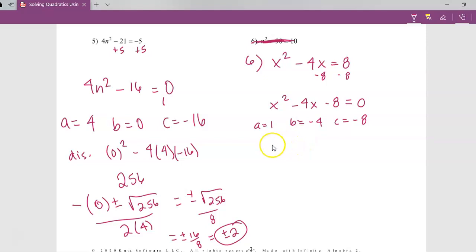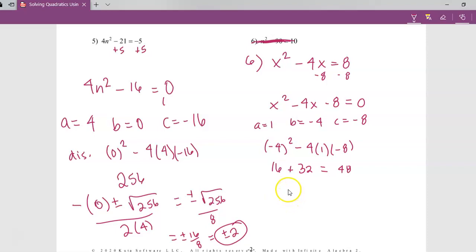To find the discriminant, I need b squared minus 4 times a times c, which would give me 16. Again, I've got a negative times a negative, so this will become a plus, and then 8 times 1 times 4 would be 32. So my discriminant is 48.